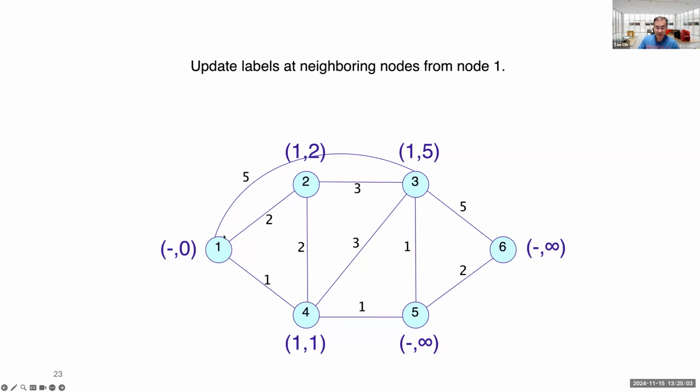And it does all the node 1 neighbors first. Update the labels from node 1, whoever connects directly to node 1, right? So 4 is connected to number 1 here, the previous node is 1, and the cost is 1. Okay?